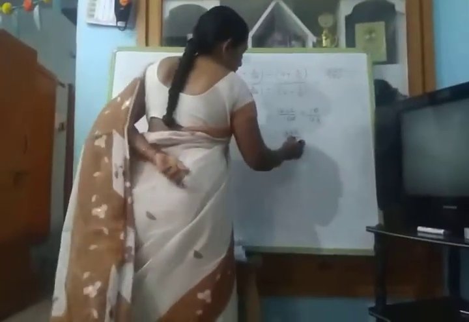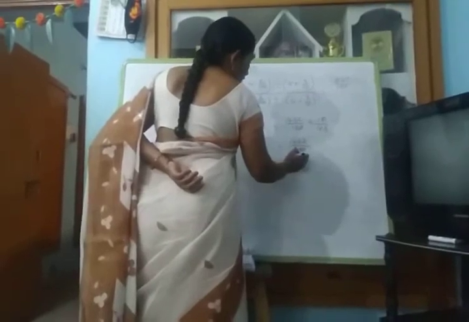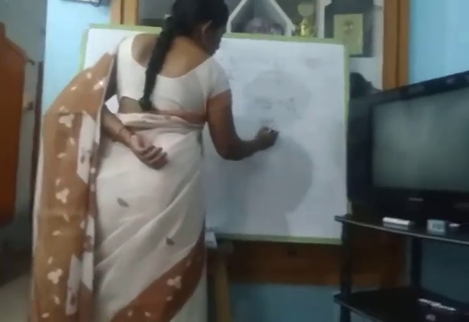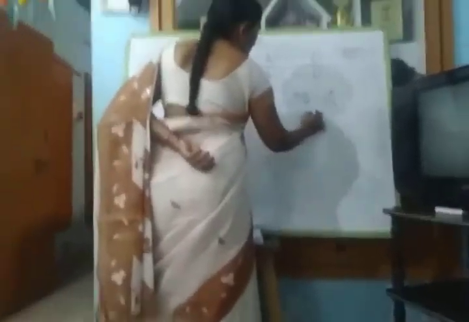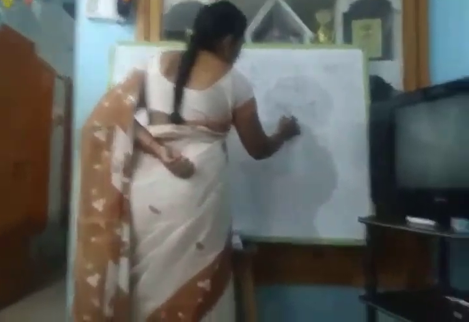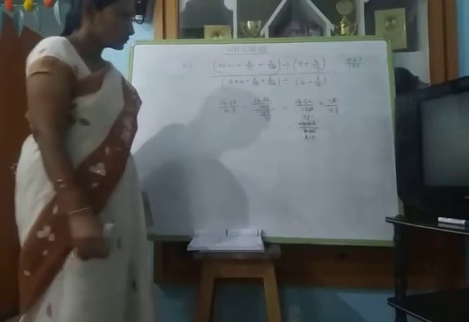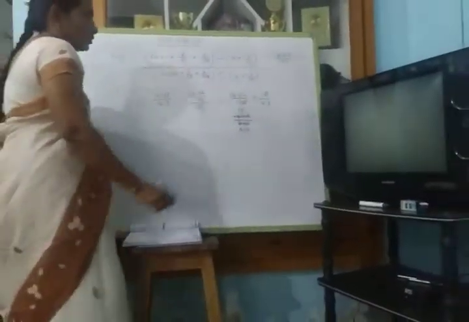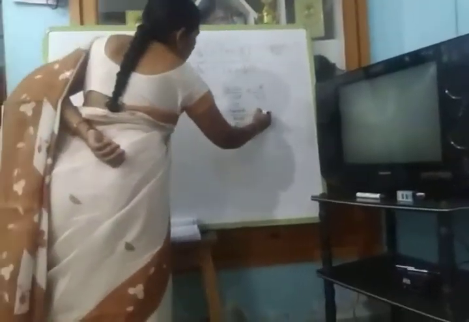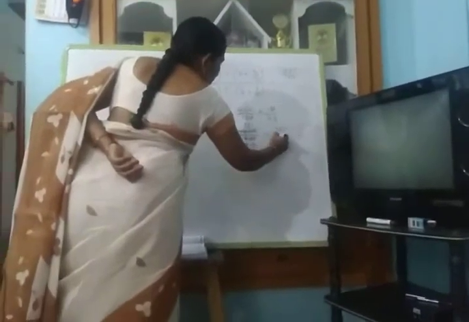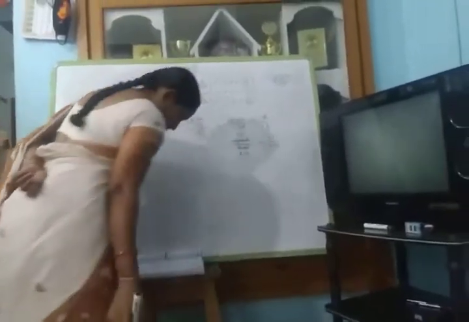Now if you simplify, take the 2 table: 2 twos are 4, 2 ones are 2, 2 fives are. 2 sevens, 2 threes, 2 ones. So it is not possible further. So there you take 731 by 215.